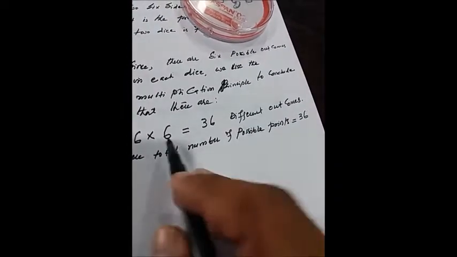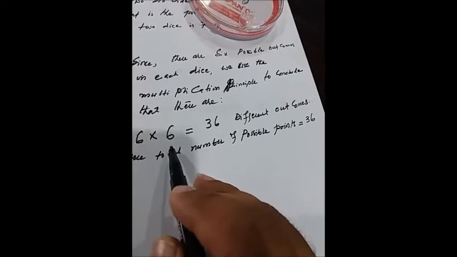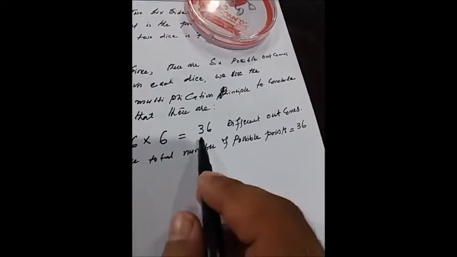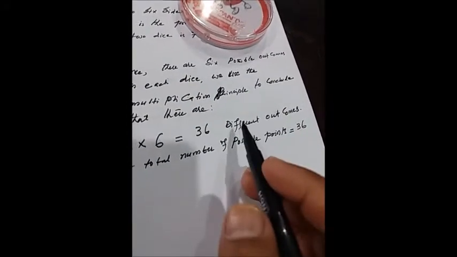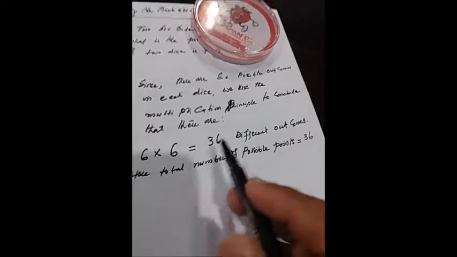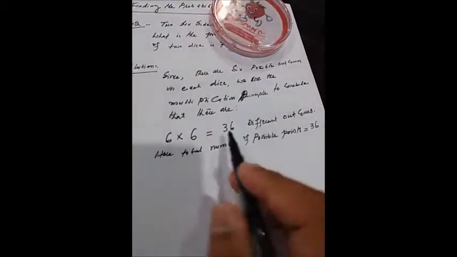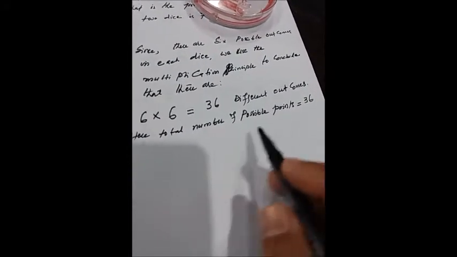So when we are tossing both together, there are 36 different ways. It means 36 are the different possible points of the sample space.